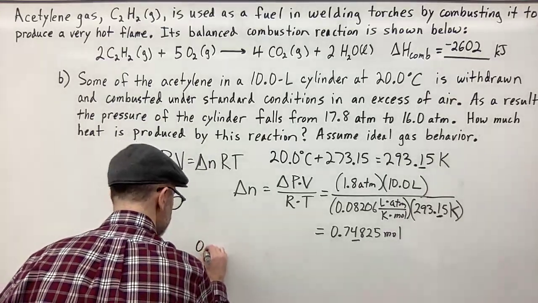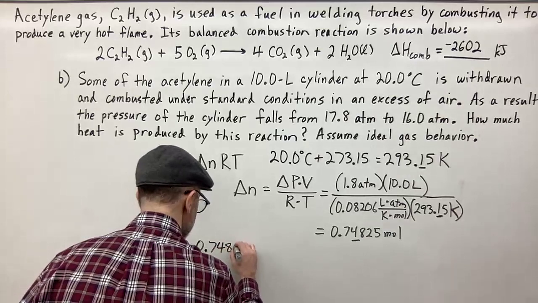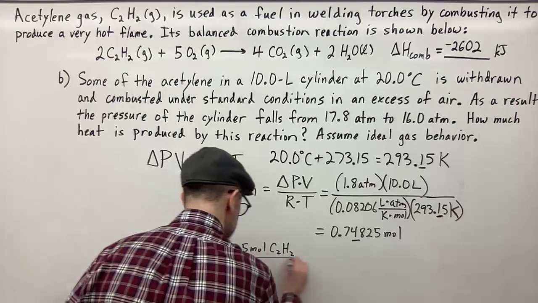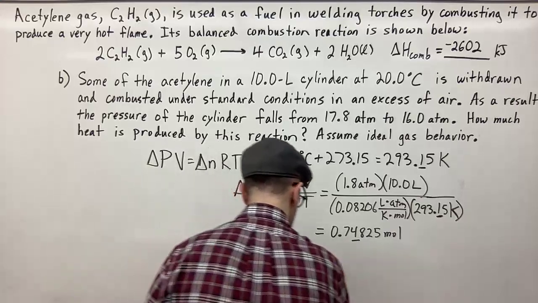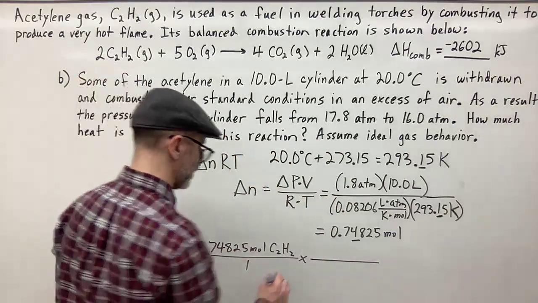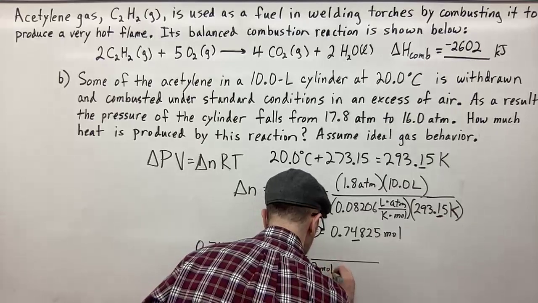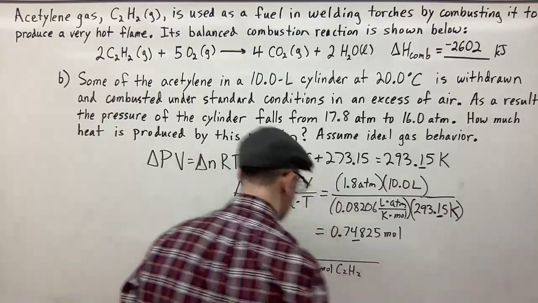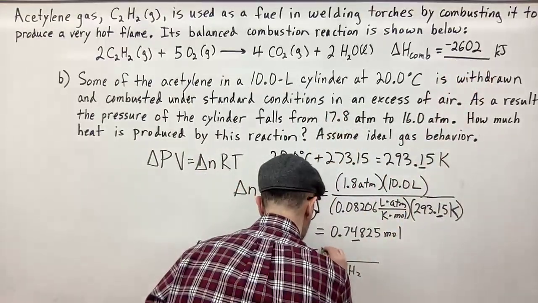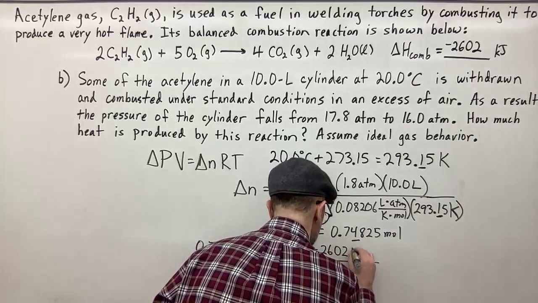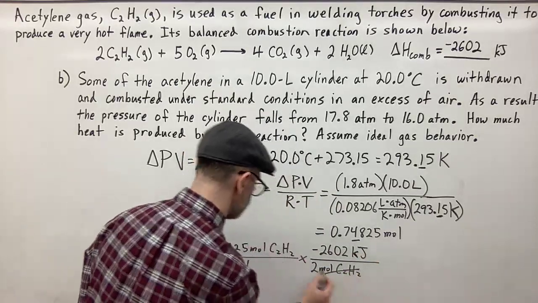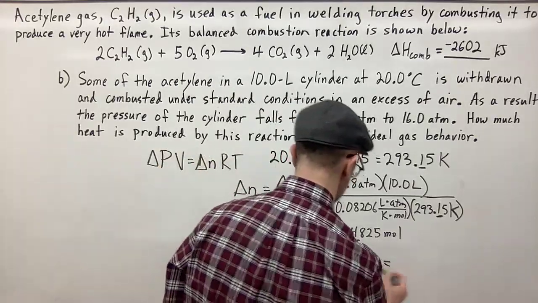So again, 0.74825 moles of C2H2 over 1. And now, since I have moles here, I'm going to put 2 moles of acetylene on the bottom. So 2 moles of C2H2 on the bottom. And I'm going to put negative 2602 kilojoules of energy. Moles of acetylene cancel out. Now I have kilojoules of energy.